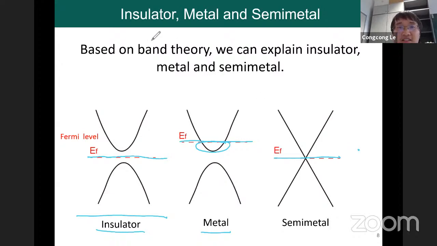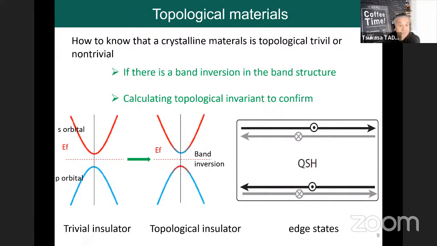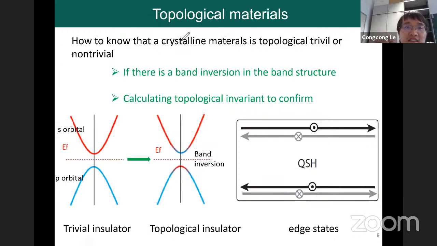Okay, and then I want to explain how to know whether a crystalline material is topological or non-trivial. There are two steps. The first one: we need to know if there is band inversion in the band structure. It means like this picture.